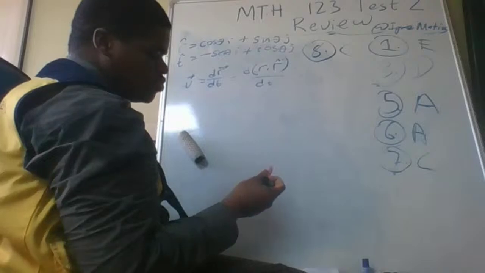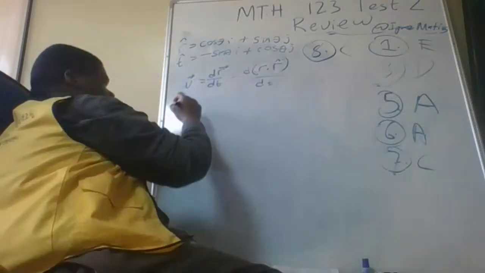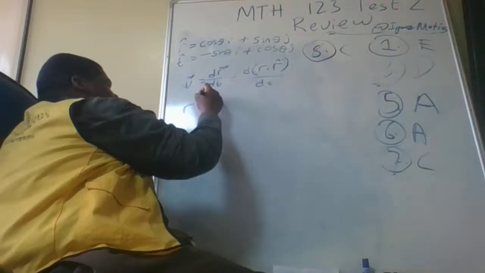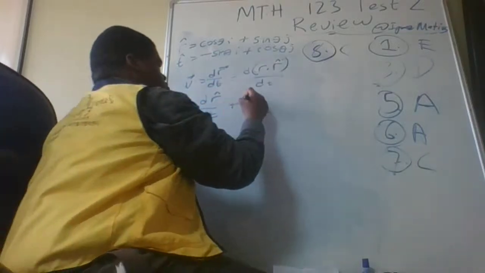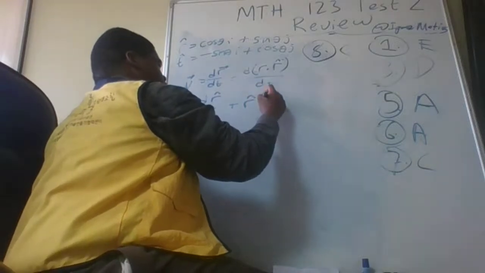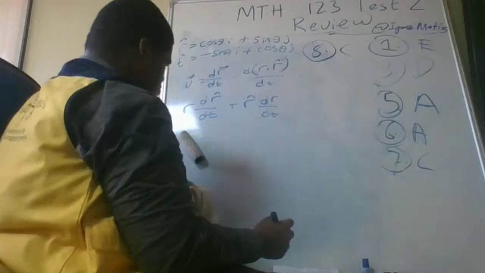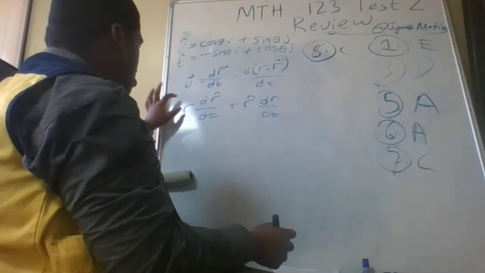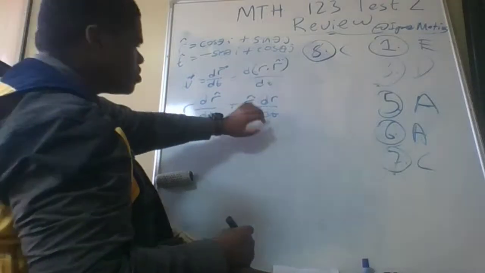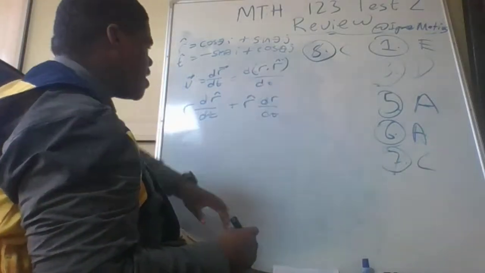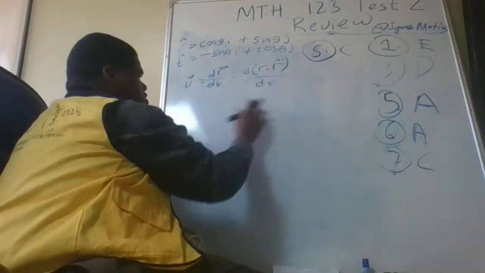So you are going to differentiate using the product rule. For the product rule, you keep one constant and differentiate the second one, plus you keep the second one constant and differentiate the first one. So now we have our magnitude times the derivative of our unit vector plus our unit vector times the derivative of our magnitude. I will just rearrange this by putting the radial component first.